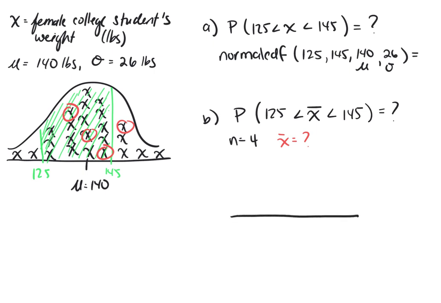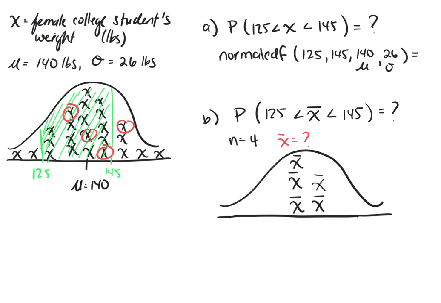If I were to do that, I'd be able to create another distribution that contains a bunch of x bar values, where every single x bar represents the sample mean, or the average of my sample of 4 female college students' weights.